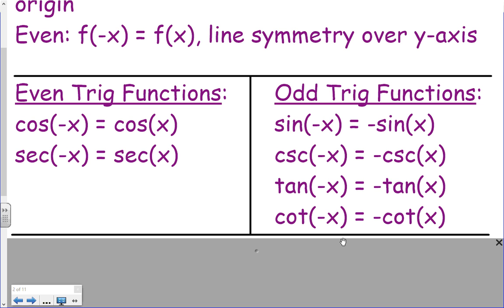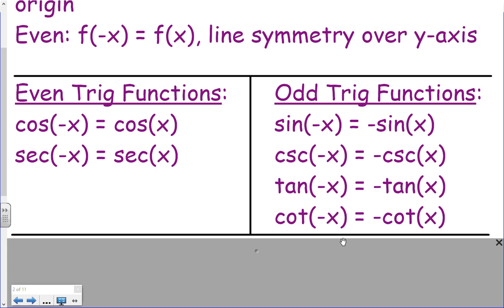And again, if you think of the graph of your sine function, or cosecant, and you rotate that graph 180 degrees about the origin, you'll end up with the exact same graph that you started with. Or that would be the same as reflecting across the x-axis and then the y-axis, and you'd end up with the exact same thing that you started with.